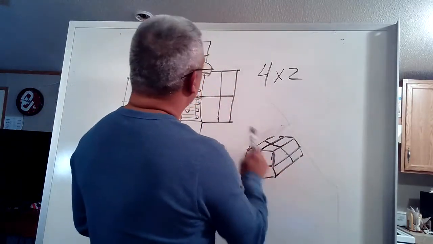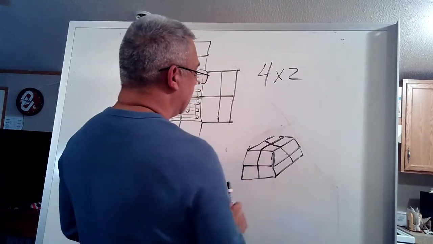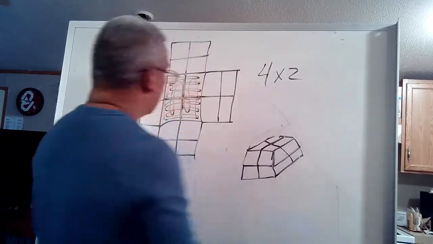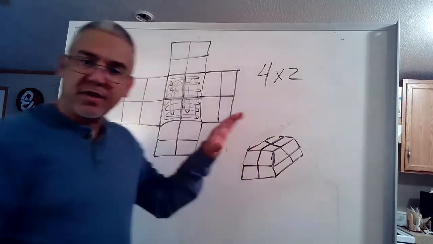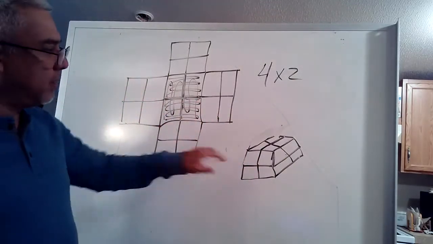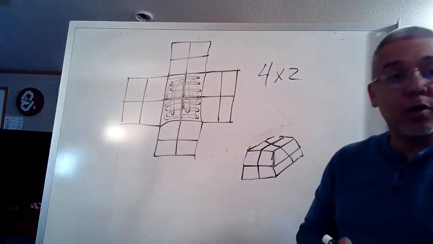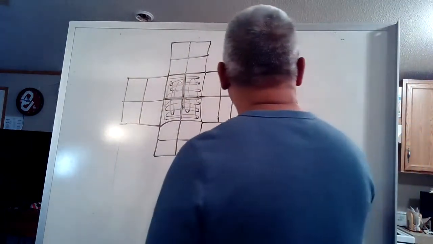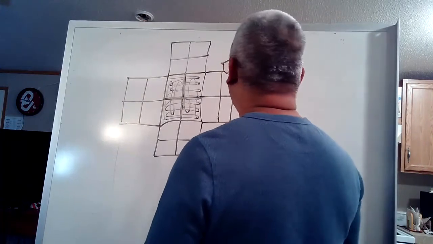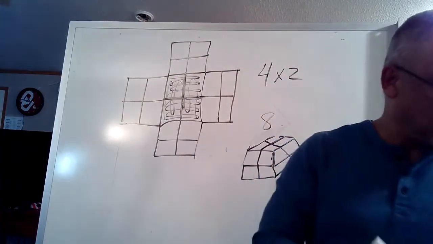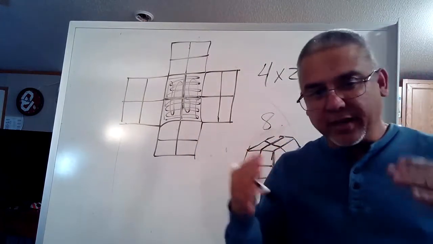Layer 1, layer 2. So this type of net will give you a total of 8 cubes. That's what we're trying to figure out.